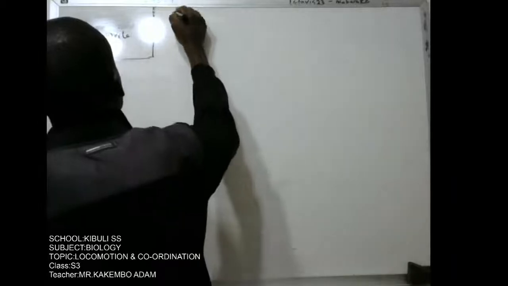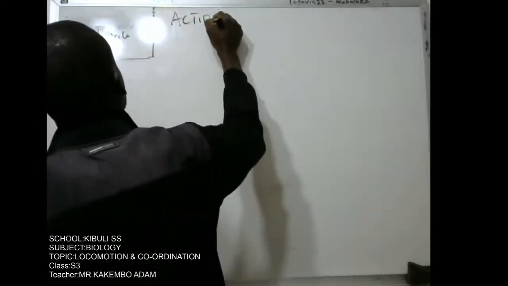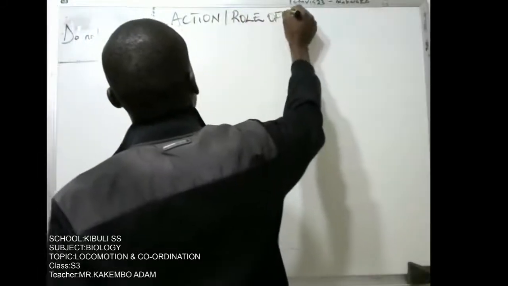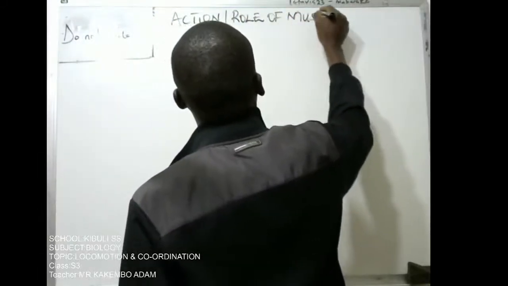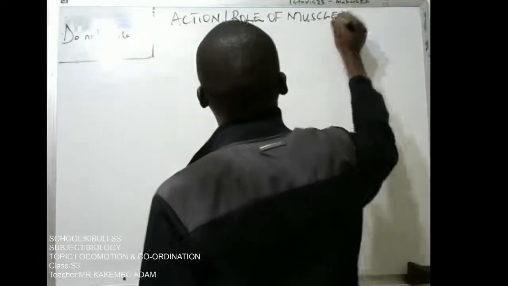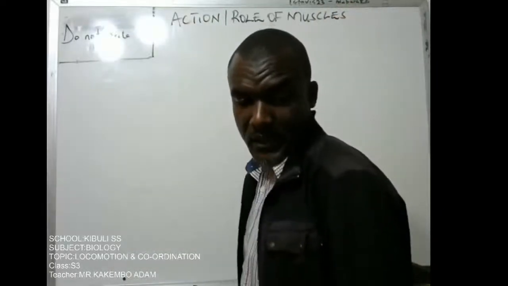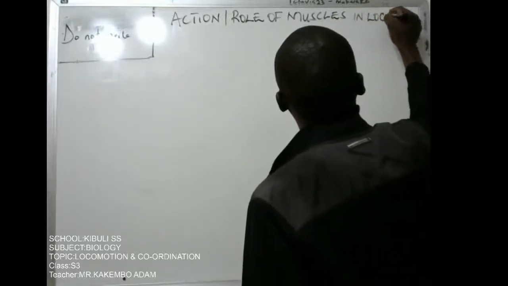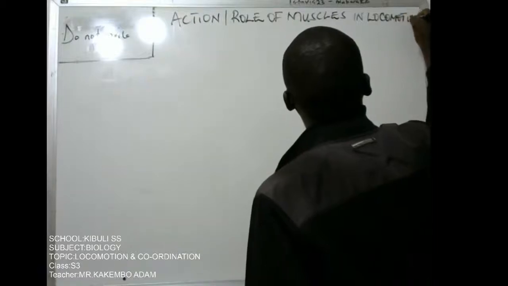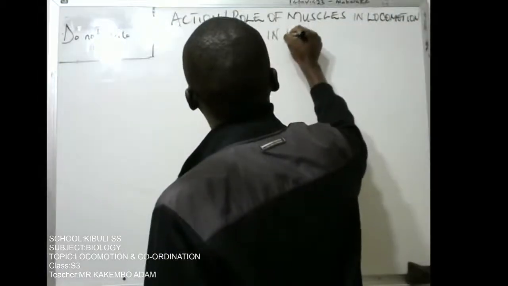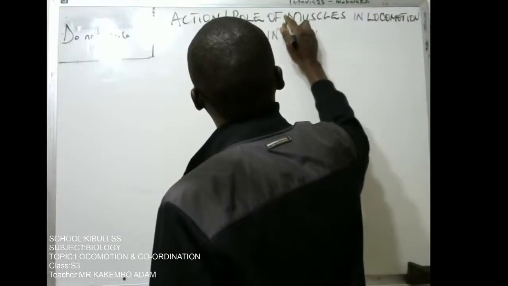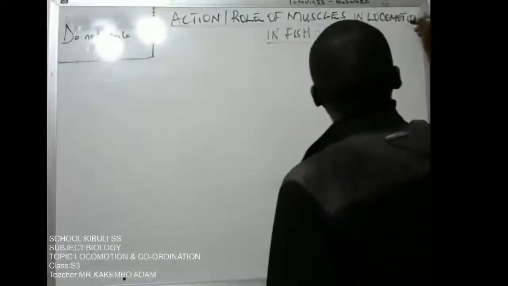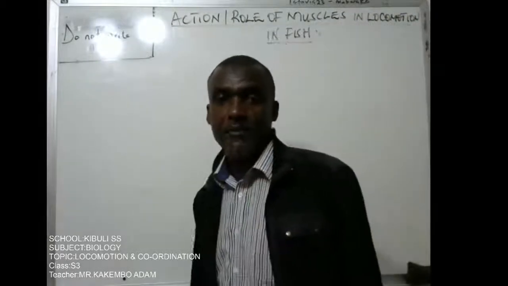We are going to begin with the role of muscles in locomotion in fish. Remember, we talked of fish having an endoskeleton, and the skeleton has muscles.